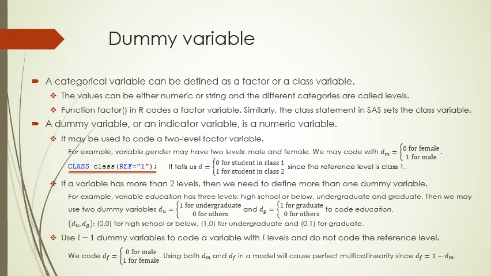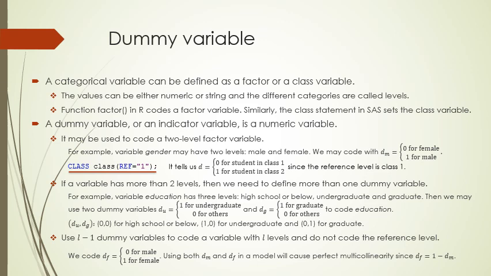If a variable has more than two levels, then we need to define more than one dummy variable. For example, variable education has three levels: high school or below, undergraduate, and graduate.